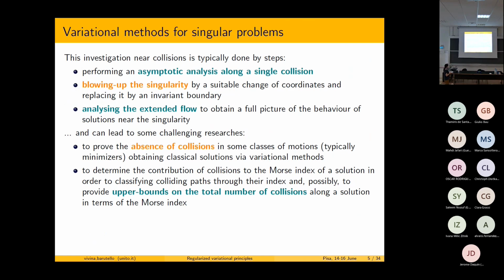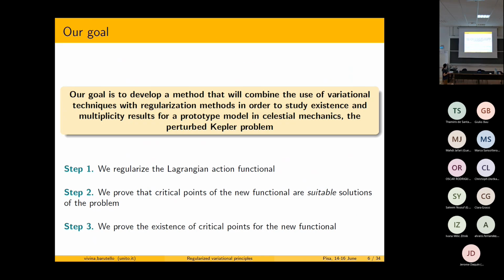What we have done, what I'm going to try to explain now, is something that goes a little bit in the opposite direction, if you want, because first we regularize the functional, then we prove that the critical points of the new functional are suitable solutions of the starting problem.